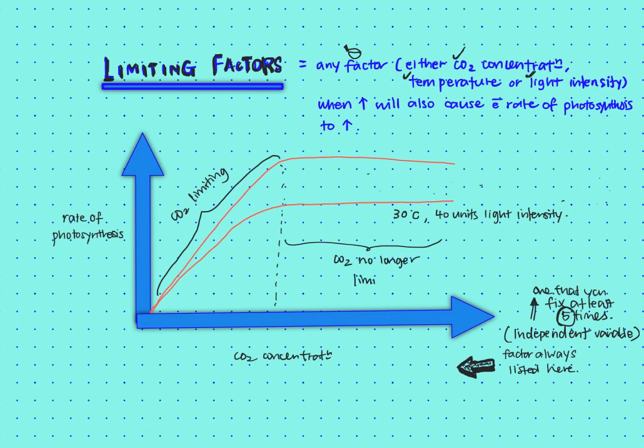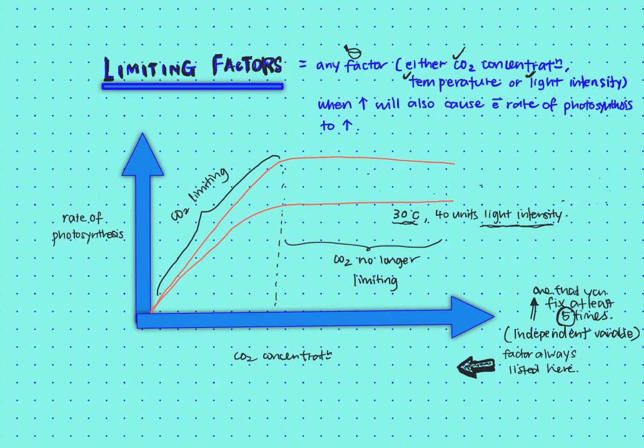So if it's no longer limiting, our question now is this: is it the temperature limiting or is it the light intensity limiting? The only way is to increase one of the factors, either the temperature or the light intensity, while you keep the other one constant.